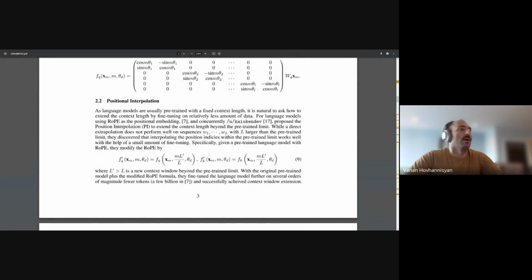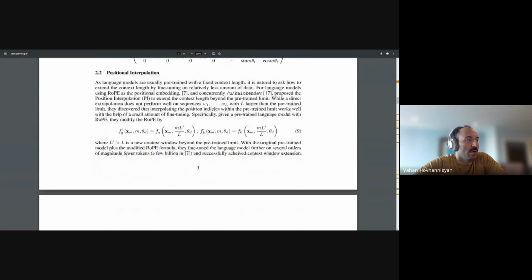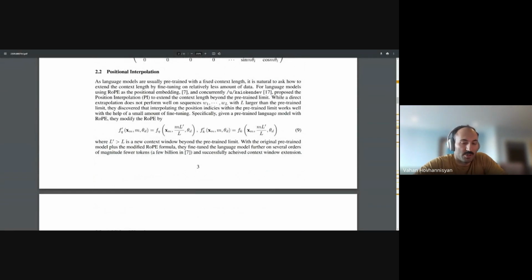Now, this is all cool, but how do we actually extend the context window? Right? They call this positional interpolation. Basically, we want to interpolate from a shorter context window that the model was trained on to a longer one. Okay?